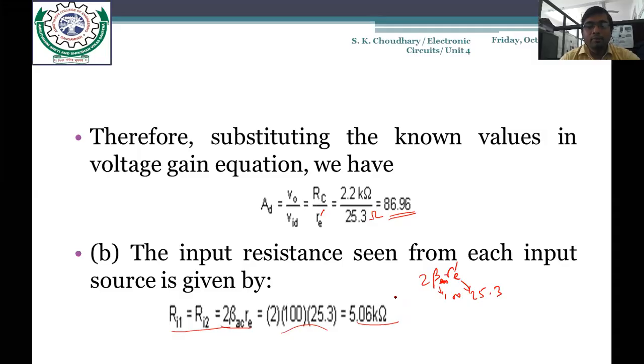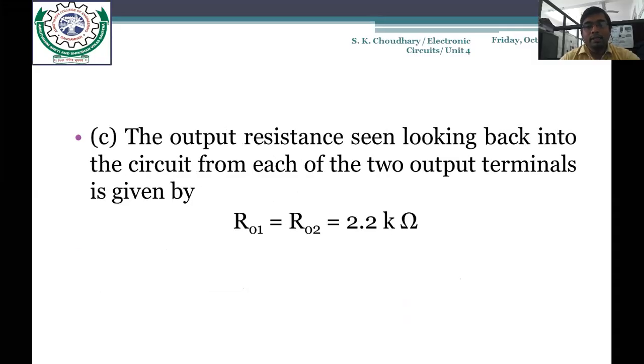And the third and last variable is output resistance. That we can directly write because RC is given. RC is nothing but your output resistance R01 or R02, that is 2.2 kilo. But if this question is asked in the examination, you have to write in this way. You should not consider that RC is already given in the numerical question and just write that as the answer.